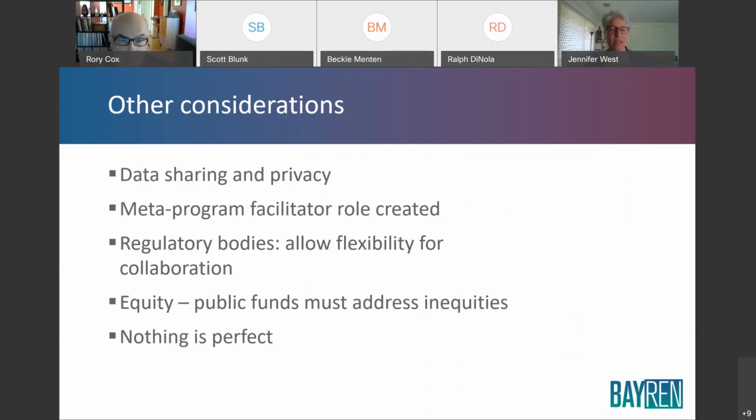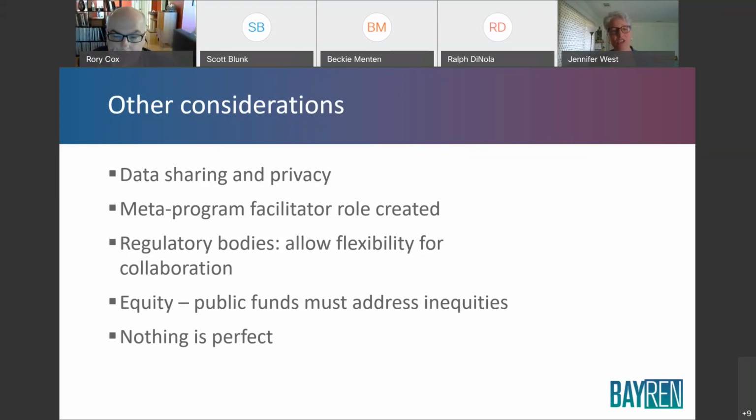And so each program doesn't necessarily have the interests of all programs in mind. I think my role, funded by the Air District, was critical to bring together these various entities to make not only our program happen, but the layering with the others as well.